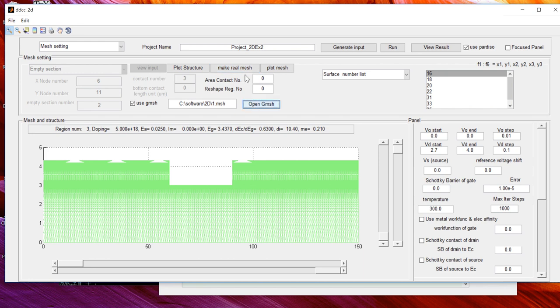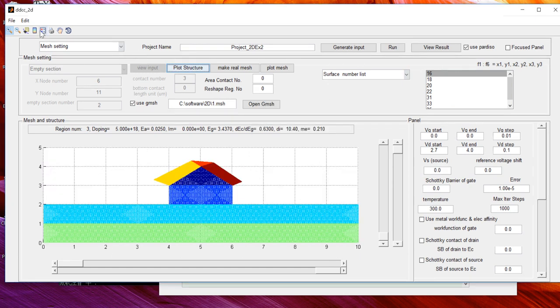So if you use Gmesh, you can click, and it will tell you this is region 18, this is region 31, 16, 35.